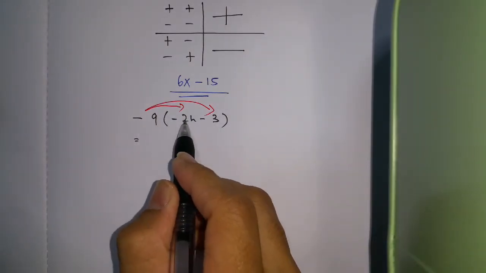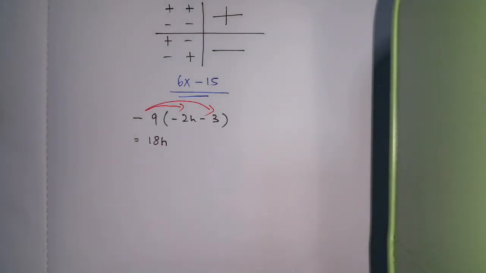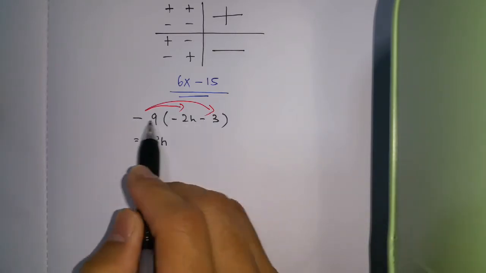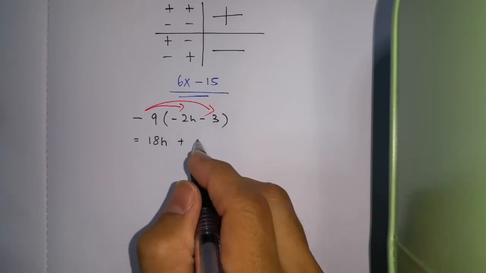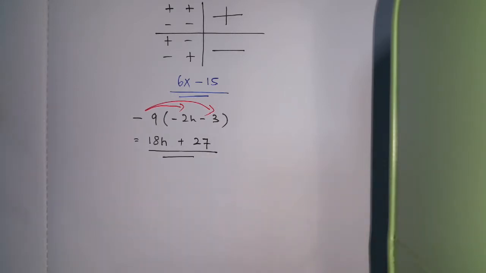So 9 multiplied by 2 is 18, and I have an h here, so I will get 18h. The second one is minus times minus again. Since they are the same, I get a plus. So 9 times 3 is 27. So this is my answer for this question.